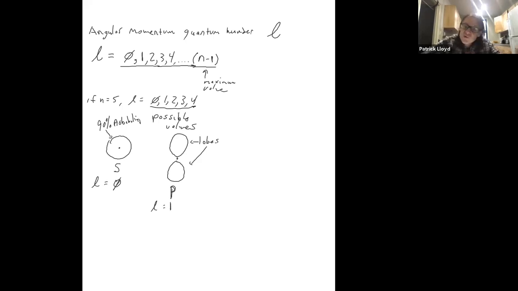Okay. So if you are given a set of quantum numbers and you see that it says L equals 1, you now know the shape of the orbital. And we use that as chemists. Chemists will use the shapes of orbitals to make predictions about chemical reactivity. If you see that the value of L is 0, then you know it's an s orbital and you know the shape.